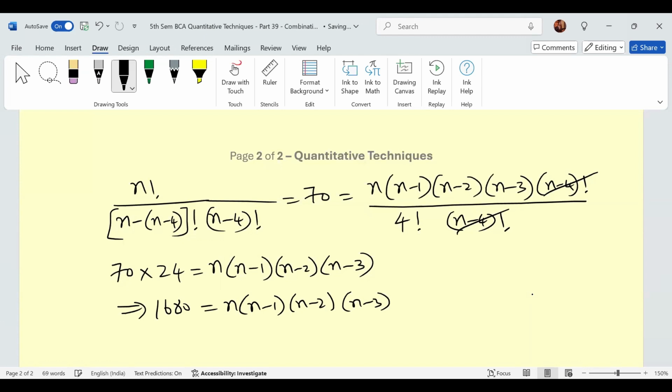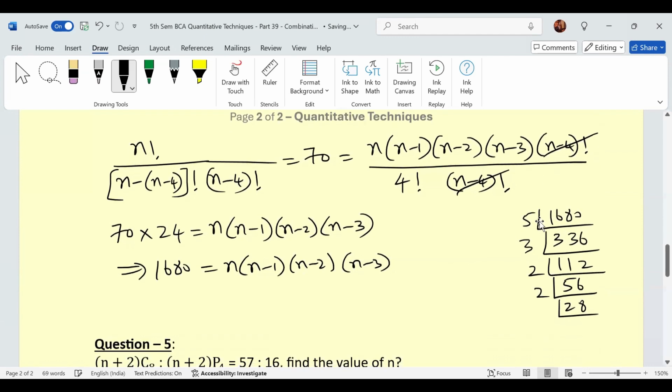Now let us factorize 1680. We'll use first 5. So it becomes 336. Further, 3 times, if I take, this is 112. Again, we will consider 2. We will get 56. Consider 2. We will get 28.